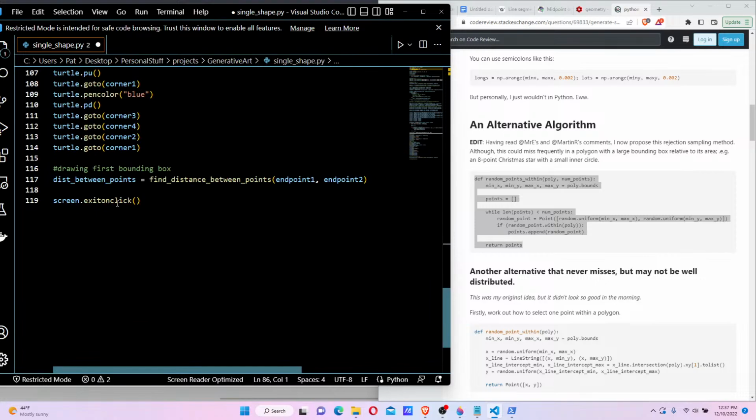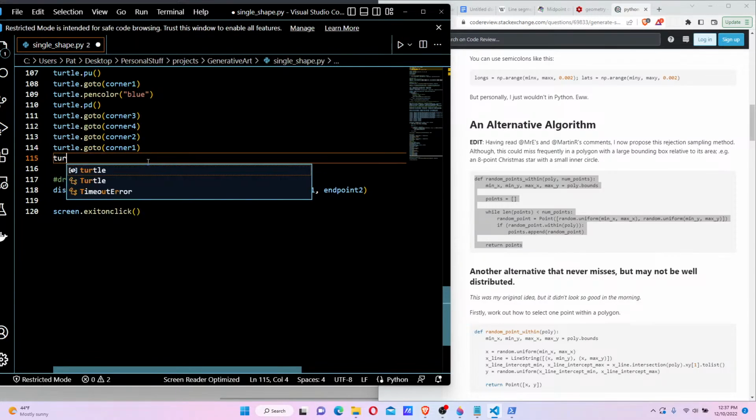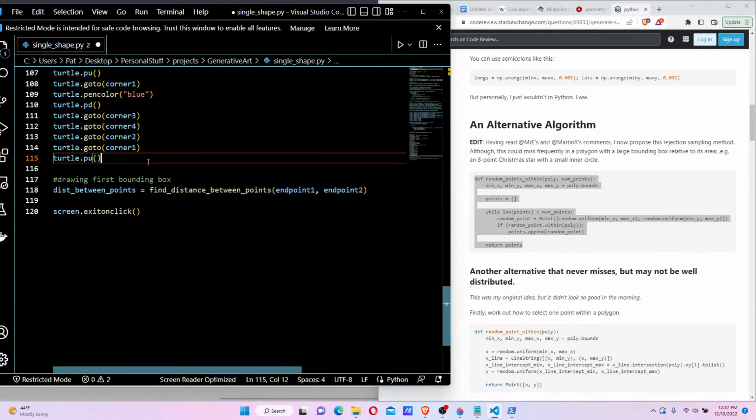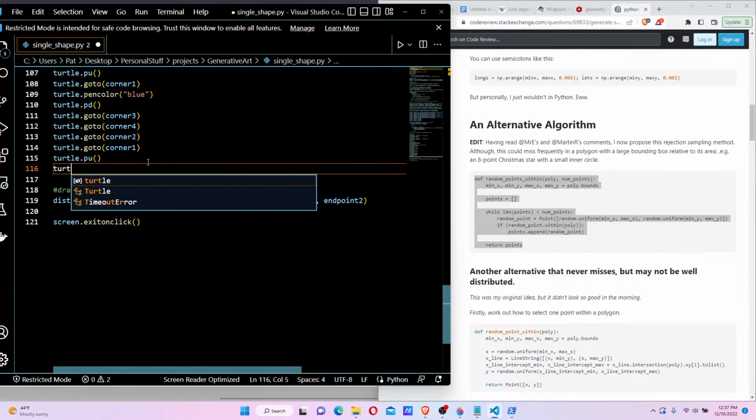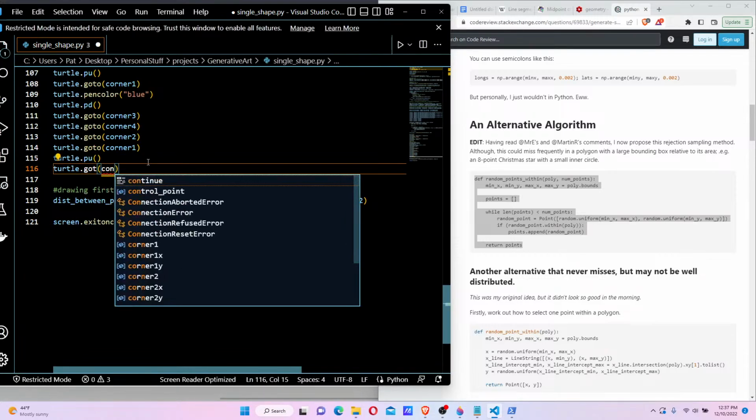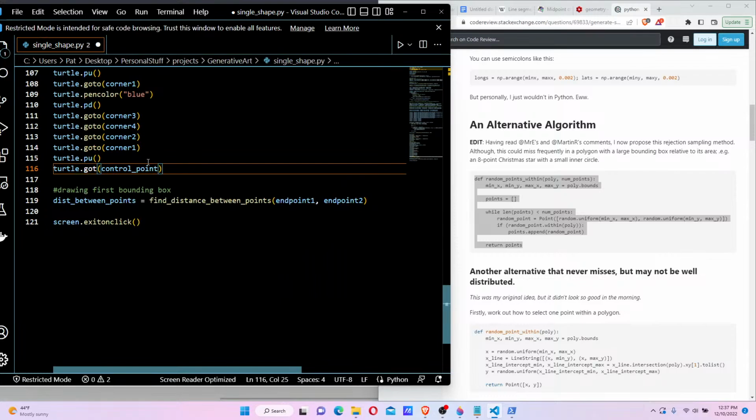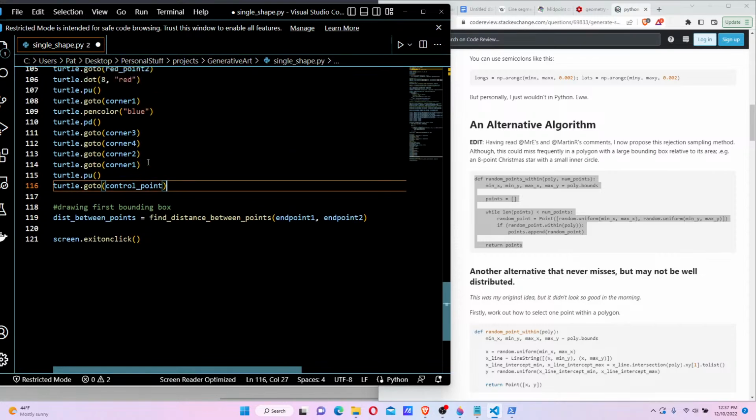Okay. Then go to corner 1, then turtle.pickup. Okay. And then we're gonna go to the control point, and then we're gonna draw a dot.